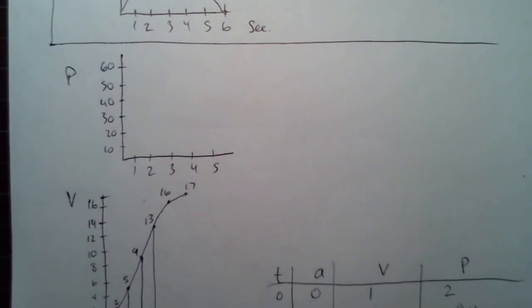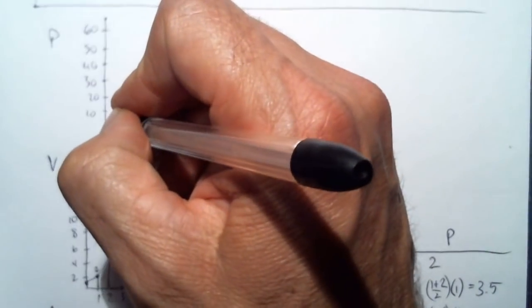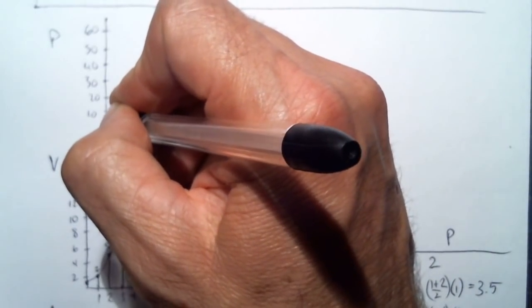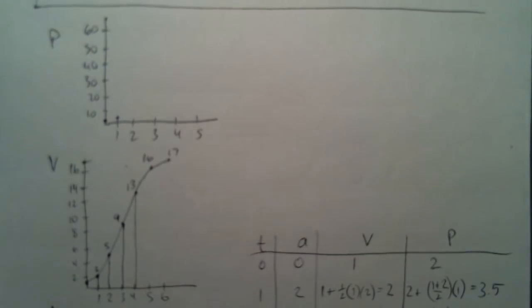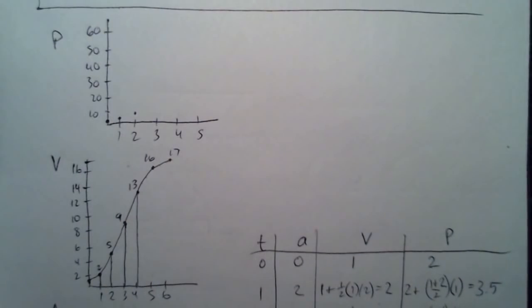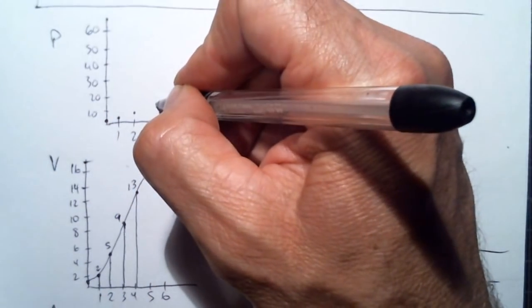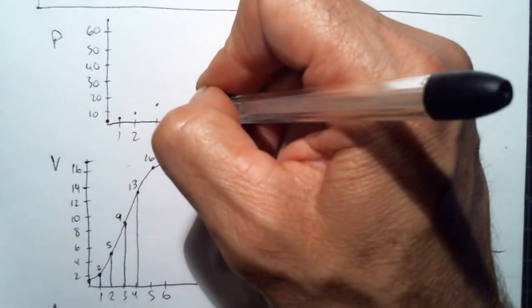And we just plot those points, and we'll have the position graph. So at 0, we go to 2. 1 is 3.5. 2 is 7. 3 is 14. 4 is 25.